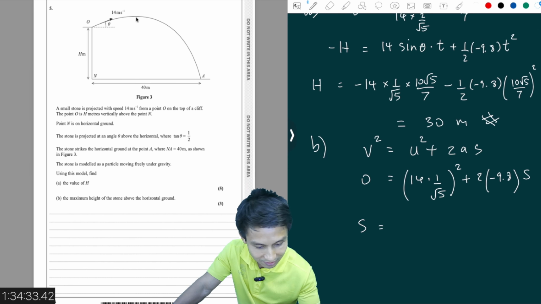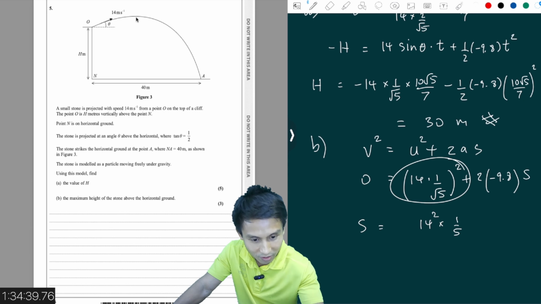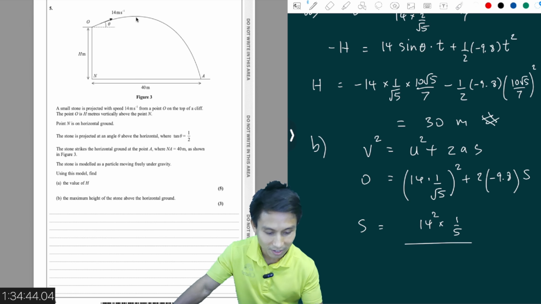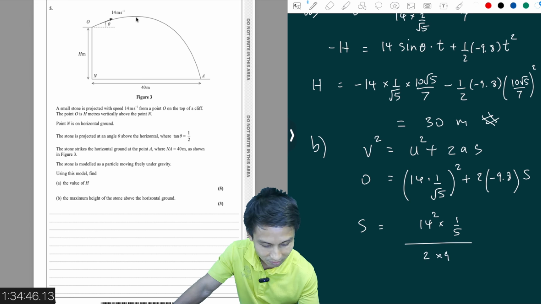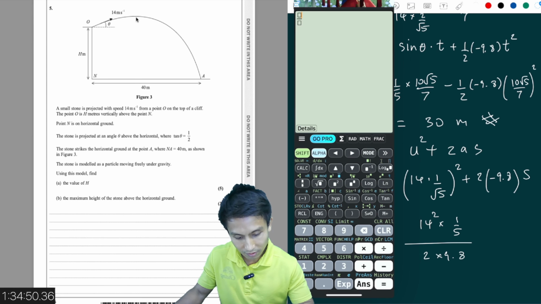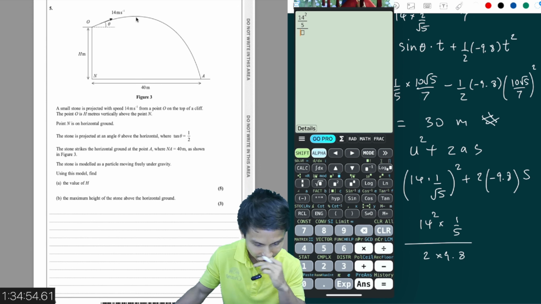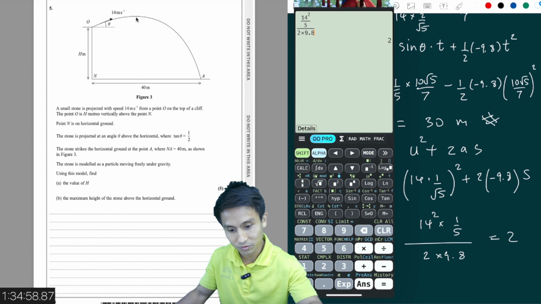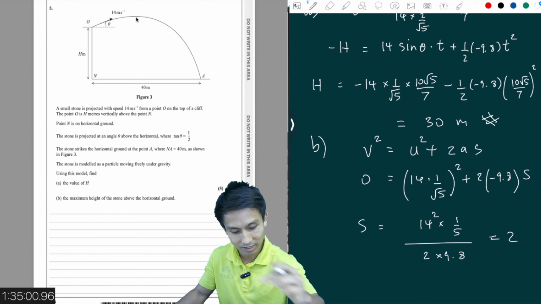So S is just 14 squared times 1 over 5, divided by 2 times 9.8, because we moved that and divided both sides. Oh, nice, 2. Everything is correct.